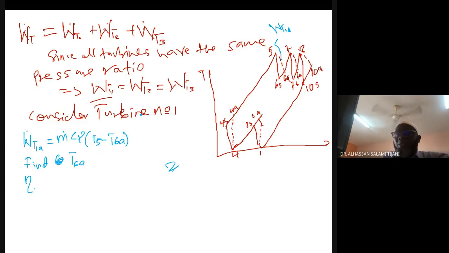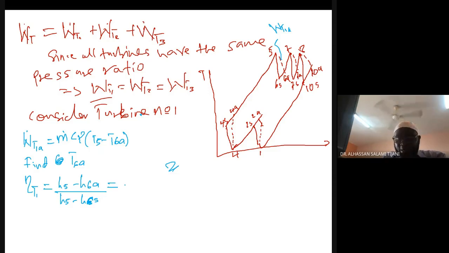So isentropic efficiency for turbine number 1 equals the change in enthalpy. That gives us H5 minus H6A divided by H5 minus H6S.